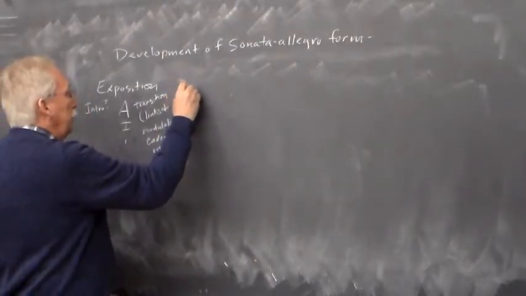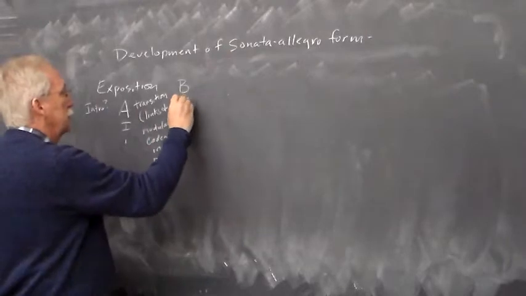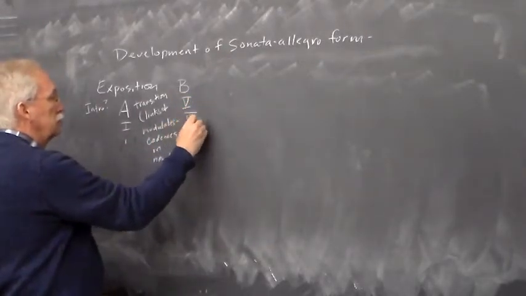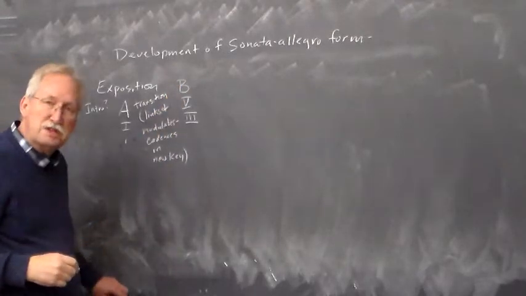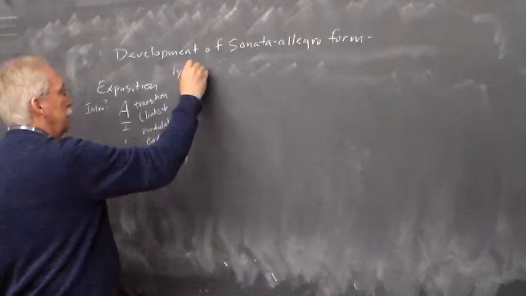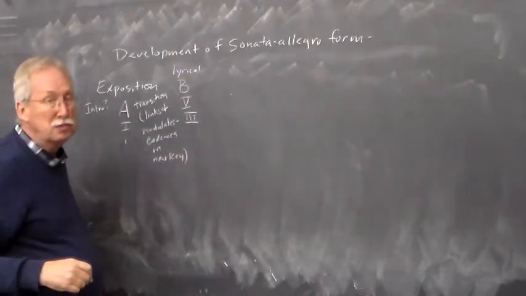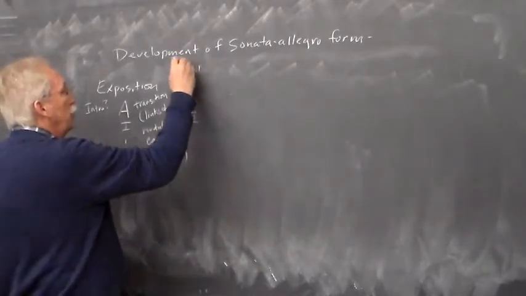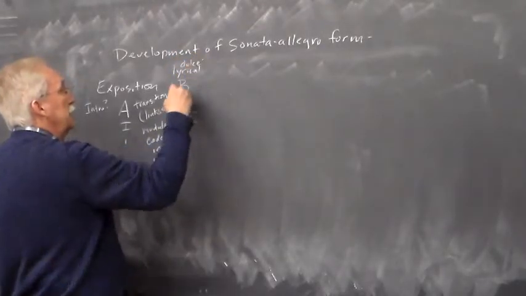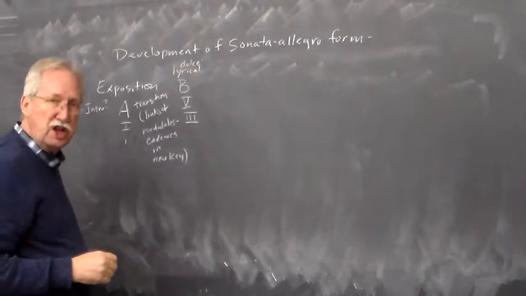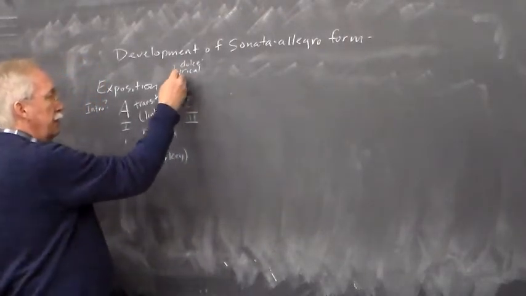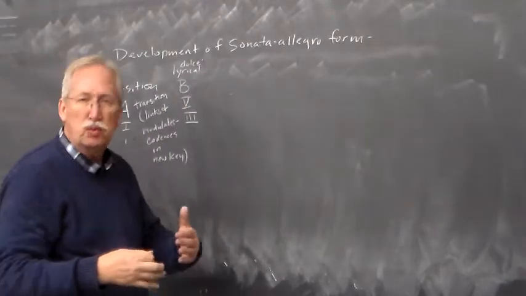All right, B theme, then, in the dominant or relative major. Typically, B theme is more lyrical. Not always, but for sure more than half the time. You'll see words like dolce to indicate character change. And so things that are lyrical are usually more stepwise.